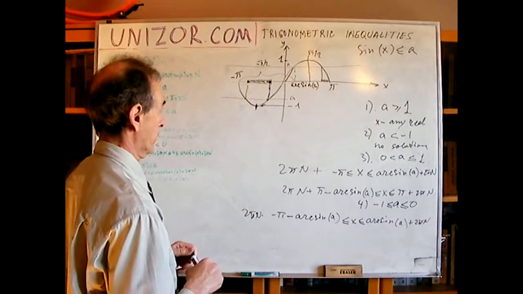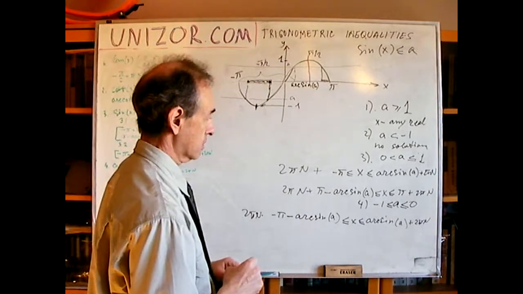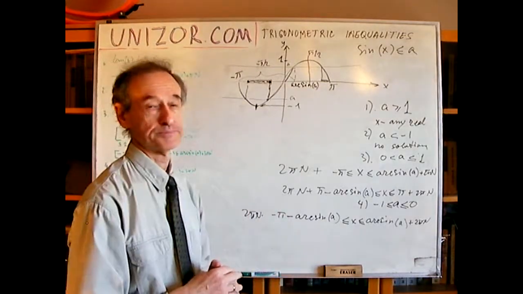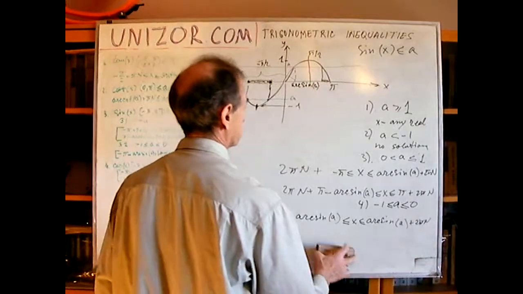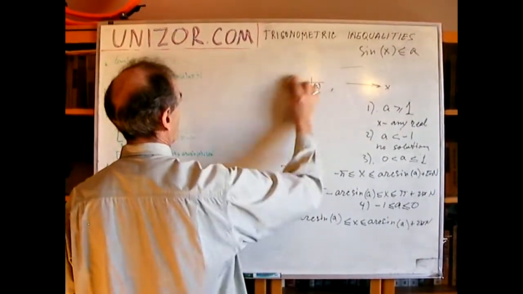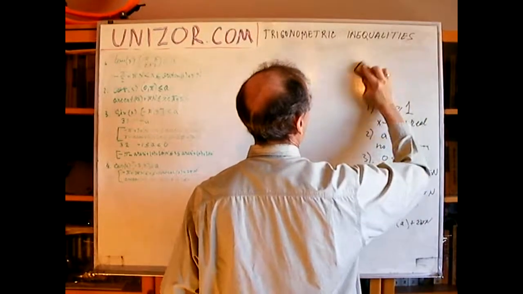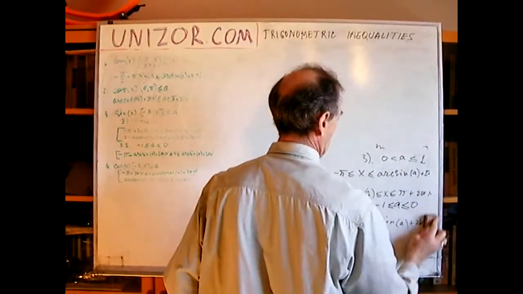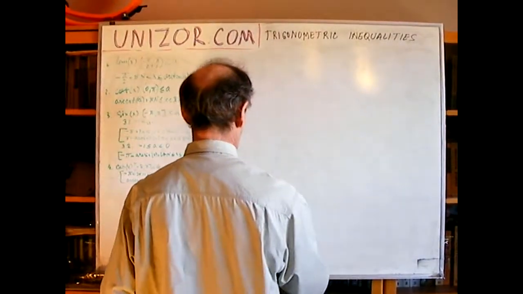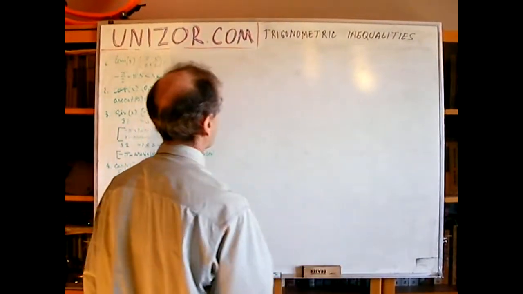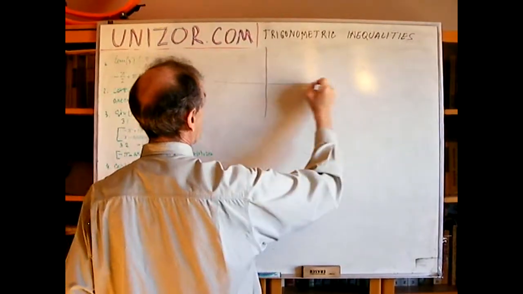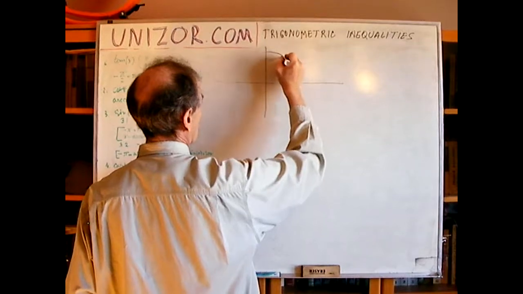Okay, that seems to be it. Now let's go to cosine. Now, the graph of the cosine is like this.